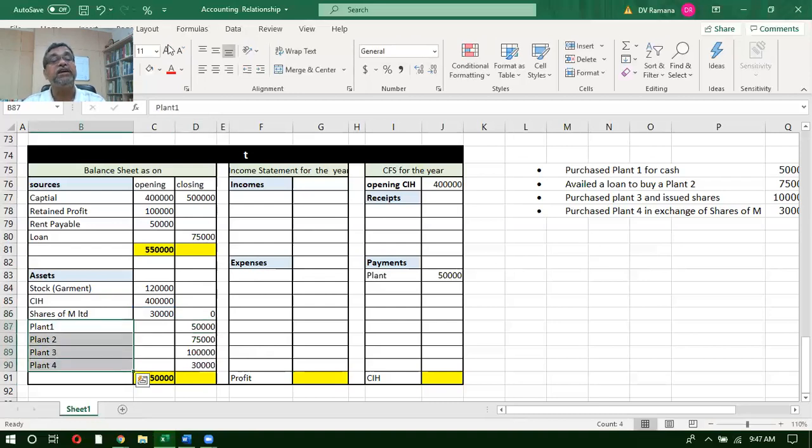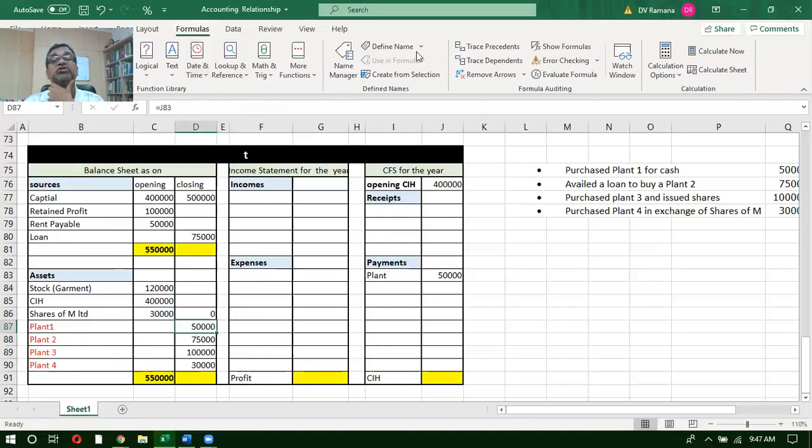So in this case, the focus was on acquisition of assets. Some asset acquisitions resulted in outflow of cash. Some resulted in creation of liability. Some resulted in reduction of other assets.